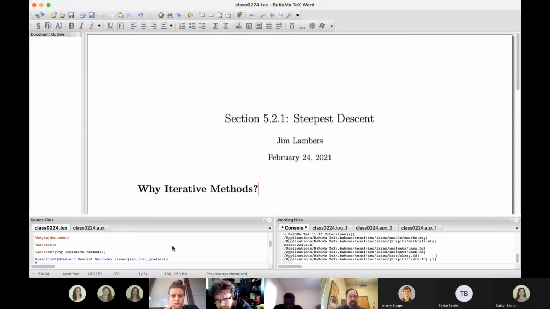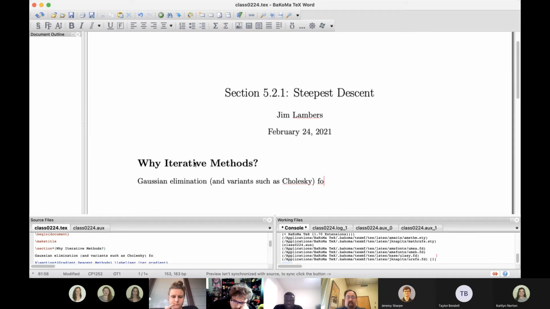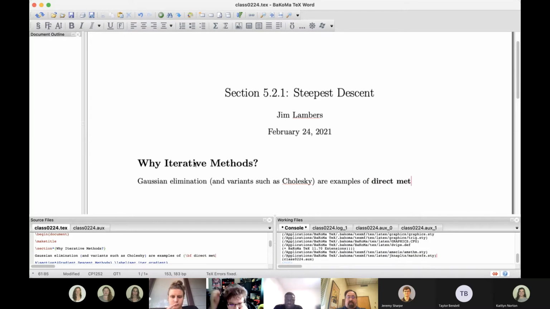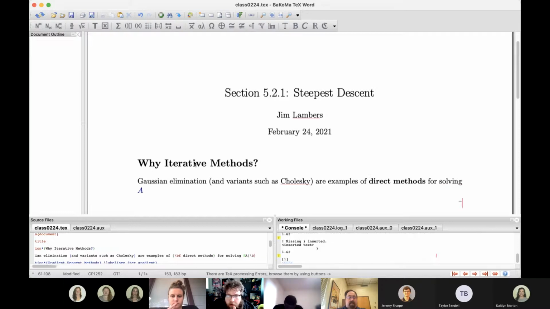why iterative methods. So what we've seen so far, the Gaussian elimination and variants on it, such as Cholesky decomposition in the case of symmetric positive definite A. These are examples of what are called direct methods for solving Ax = b.